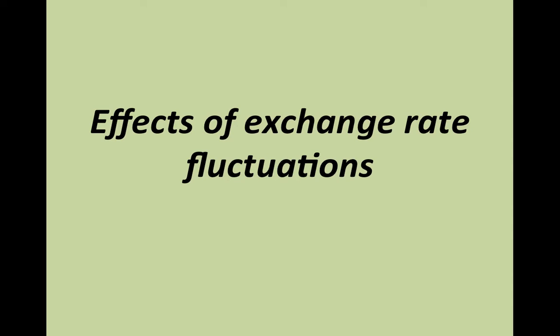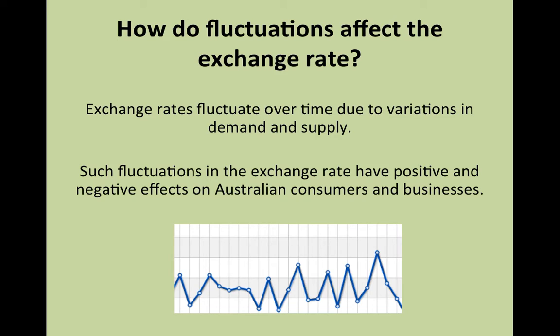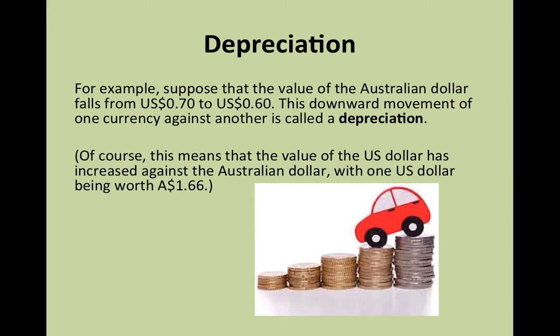Okay, so what are the effects of exchange rate fluctuations? So how do fluctuations affect the exchange rate? Exchange rates fluctuate over time due to variations in supply and demand. Such fluctuations in the exchange rate have positive and negative effects on Australian consumers and businesses. Depreciation.